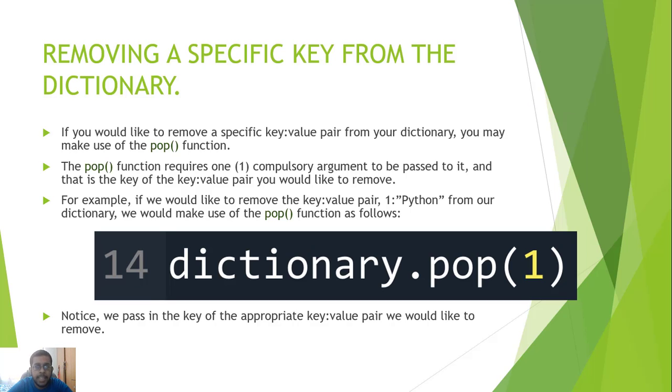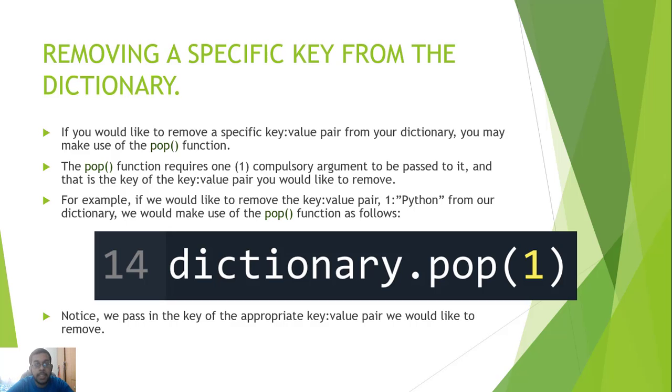Removing a specific key from the dictionary. If you would like to remove a specific key value pair from your dictionary, you may make use of the pop function. The pop function requires one compulsory argument to be passed to it, and that is the key of the key value pair you would like to remove. For example, if we would like to remove the key value pair 1 Python from our dictionary, we would make use of the pop function as follows: dictionary.pop(1).